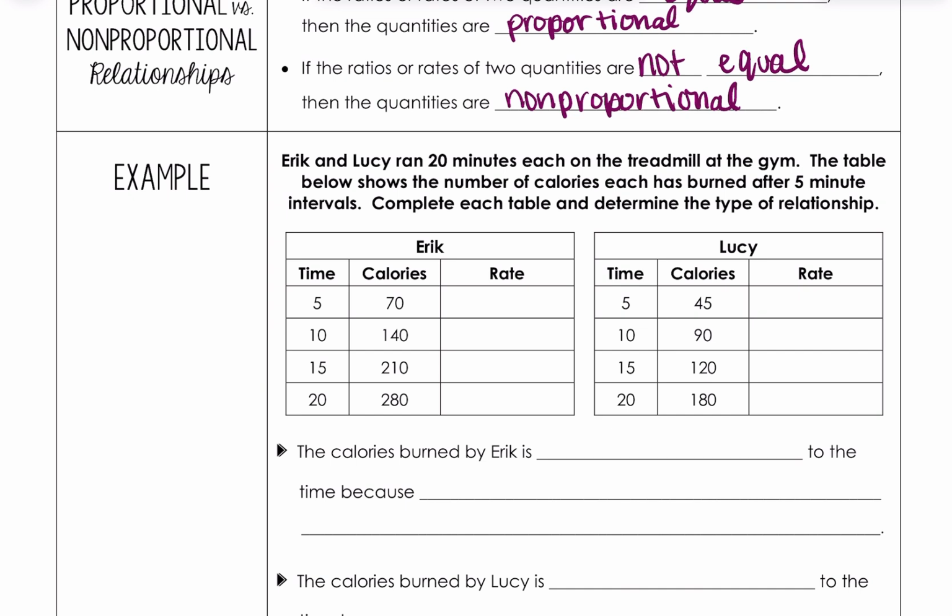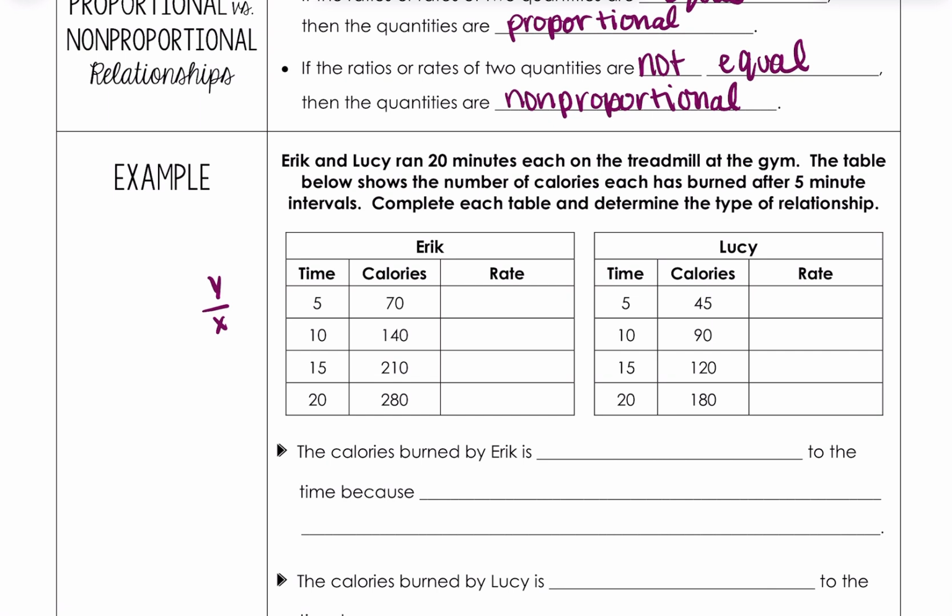Now, how I do that is I always want to make sure that I divide correctly, because as we kind of caught on, all we are really doing here is just making sure that we are dividing correctly. Now, the biggest thing when we divide is we want to make sure that we divide y over x. When I divide y over x, I also have to make sure that I know, hey, in my table, which one is x and which one is y.